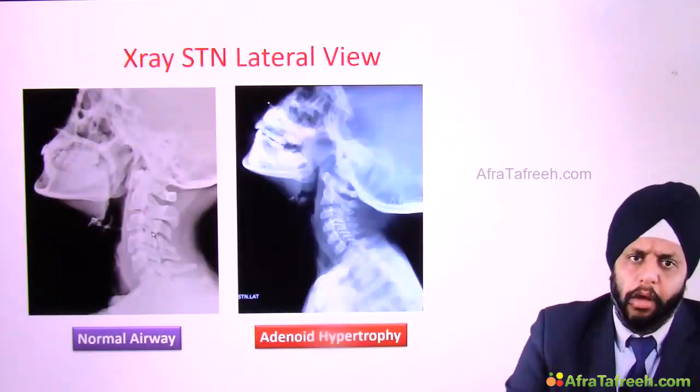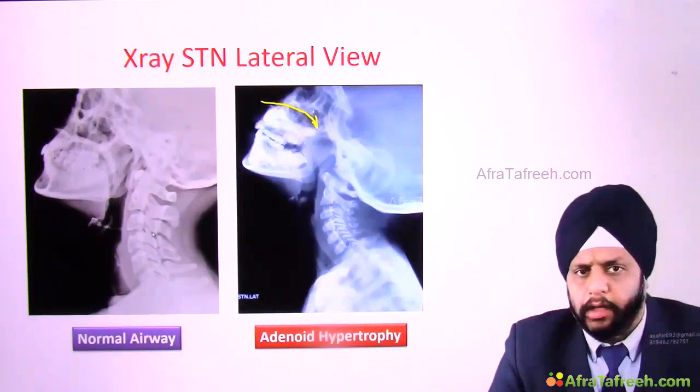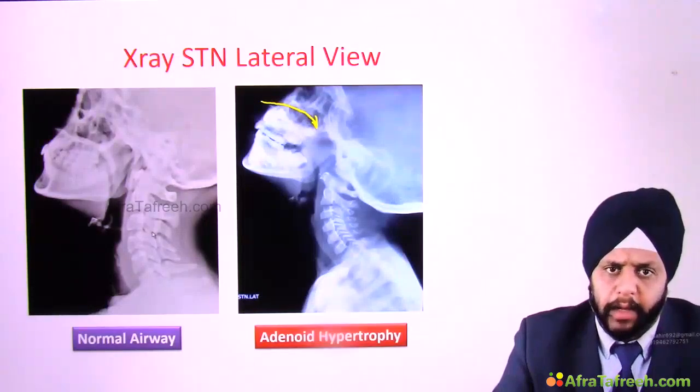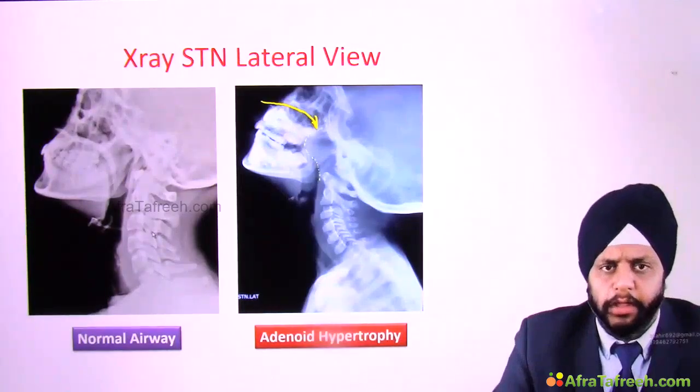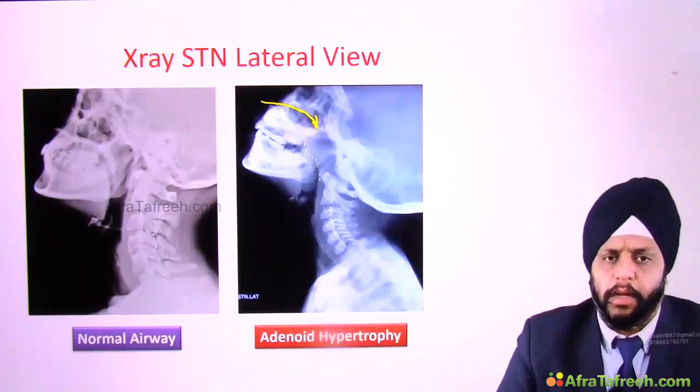All right, now we start tracing the airway. We go into the nasal cavity, and as soon as we reach the nasopharynx, we find that there is no airway. It is blocked by a mass which is arising from the posterior superior wall of the nasopharynx. And what is that mass in a child?